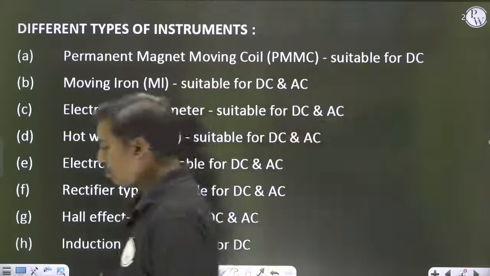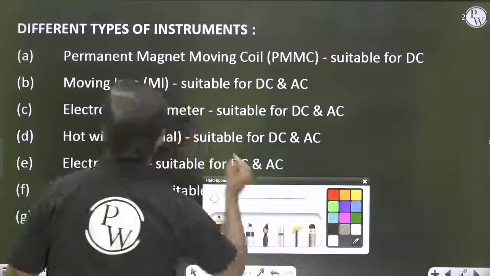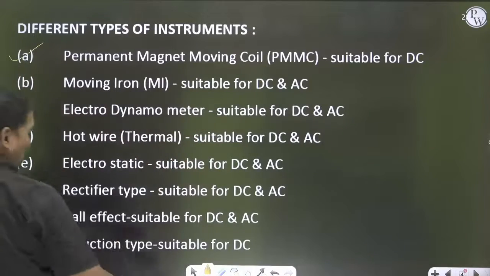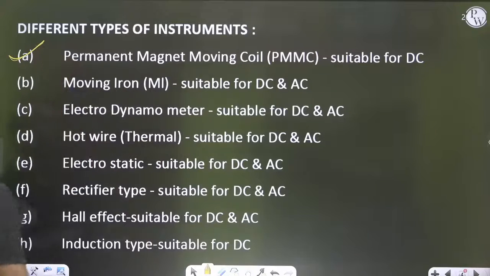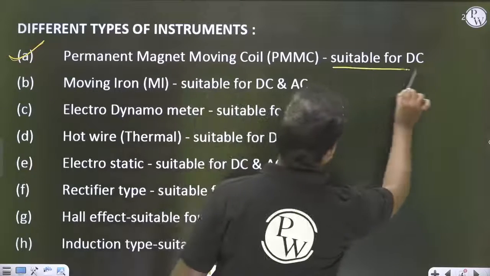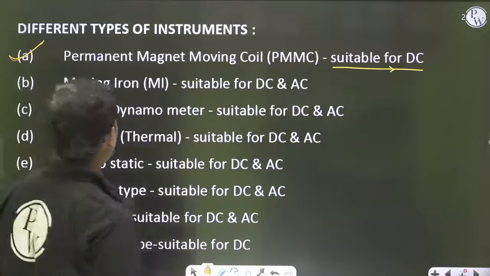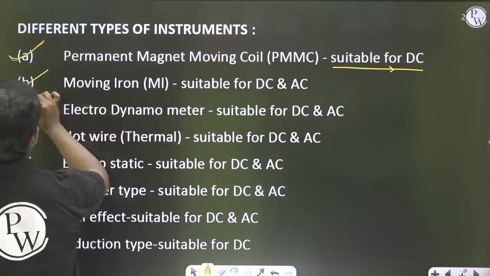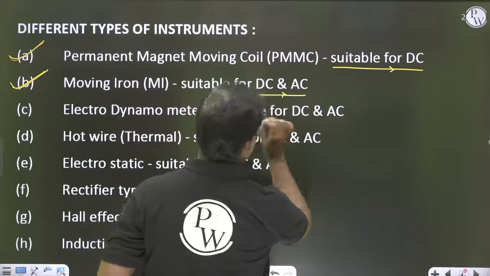The first one is the PMMC. The PMMC full form is permanent magnet moving coil, and it is only suitable for DC. Next comes the moving iron, which is suitable for both DC and AC.